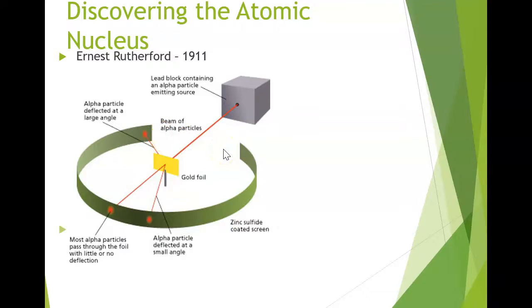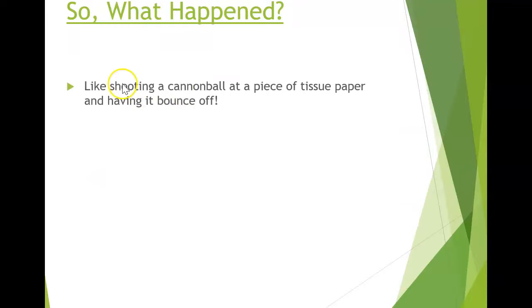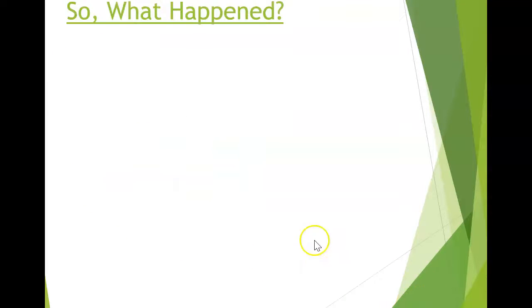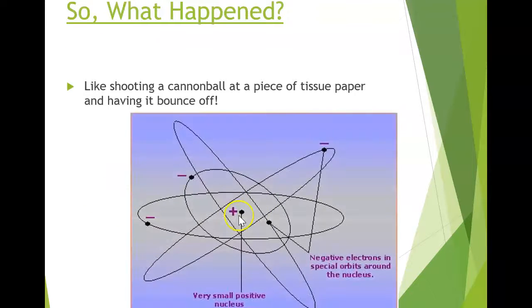It's like shooting a cannonball at a piece of tissue paper and having it bounce off. Is that possible? Well, yes, because in an atom, you have a dense nucleus, and whenever the light hit the nucleus, it bounced off.